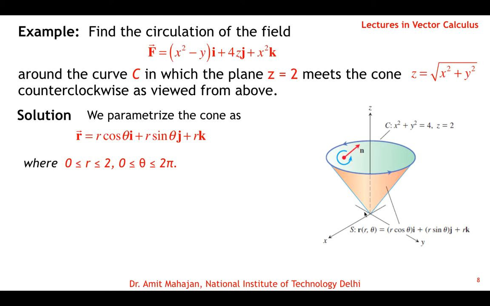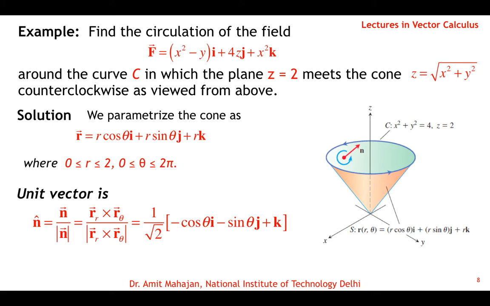So if you have a cone x square plus y square equal to 4, which is cut by a plane at height z = 2, the parametric form of this will be polar in xy, and in z it is a radial vector increasing. Okay, so this is the parametric form.